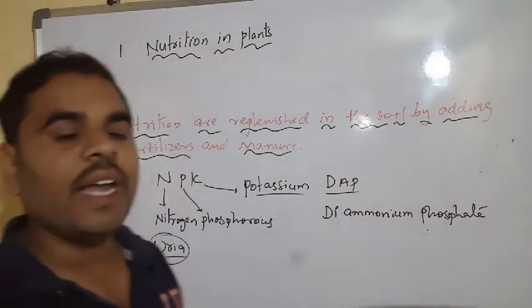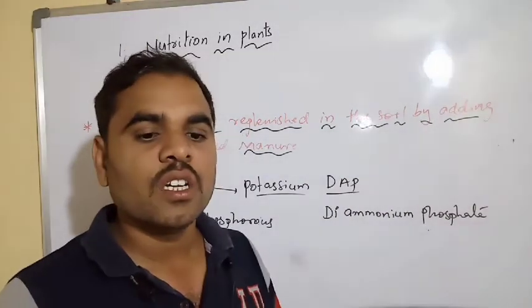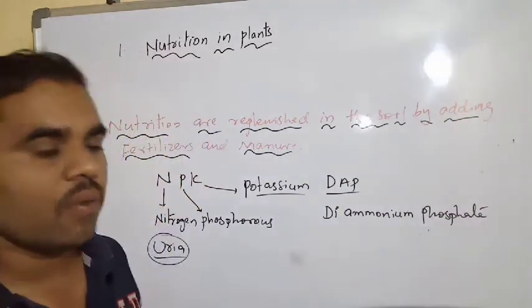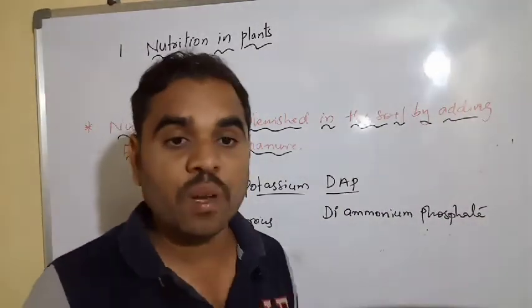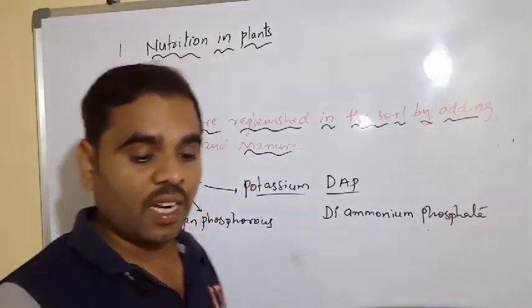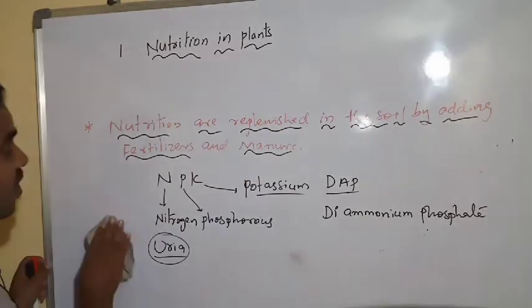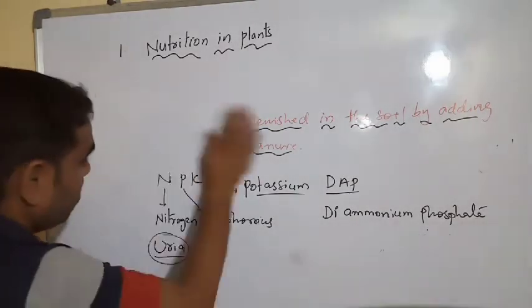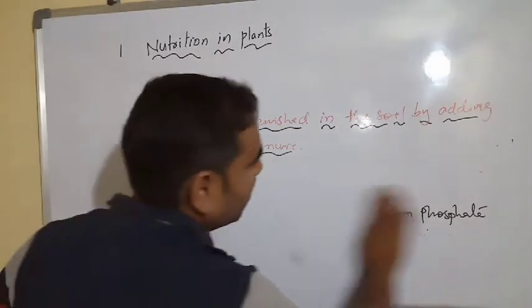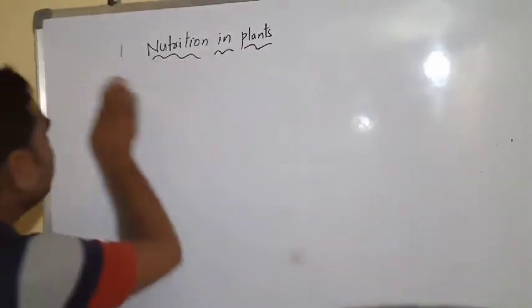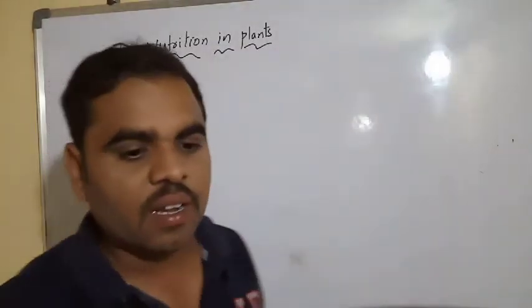See, if we add these fertilizers to our field, what will happen? The plants will grow healthy and give more yield, more production we will get. Next, we have to see another one.